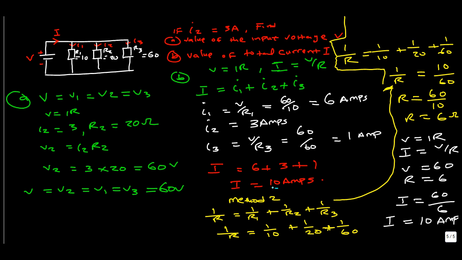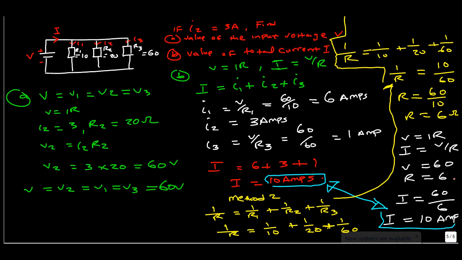In method 1 we got 10 amps, and in method 2 we got the same 10 amps. So whichever method you choose, you should arrive at the same answer. If you don't, there's definitely something wrong somewhere and you need to figure that out. Now for the series circuit, we talked about potential dividers.